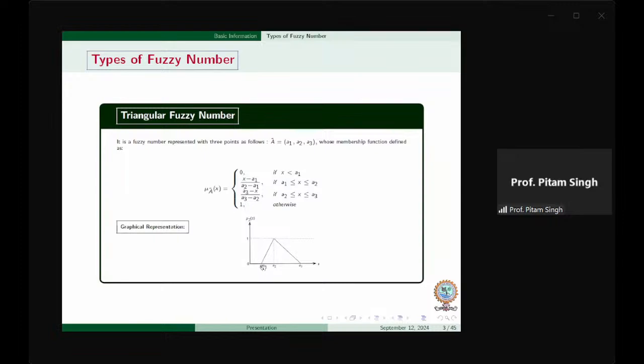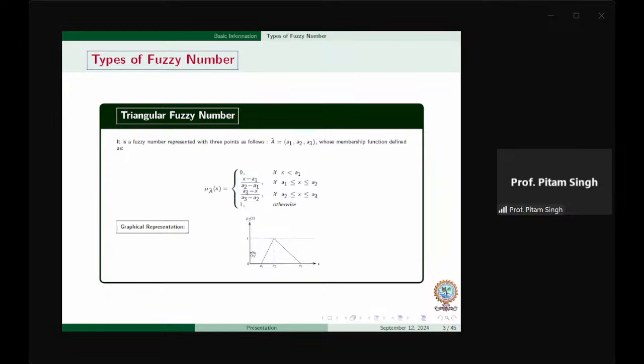So this is the highest. We can construct the membership function for every type of membership function. First we construct for this part, and second one we construct for this part. So for the left part, it is x minus a1 over a2 minus a1, when x lies between a1 and a2, for any argument.